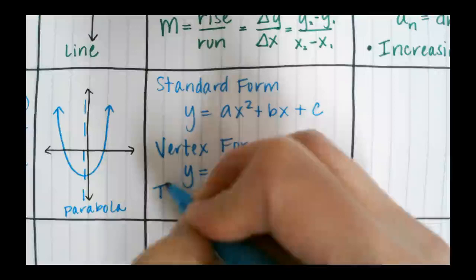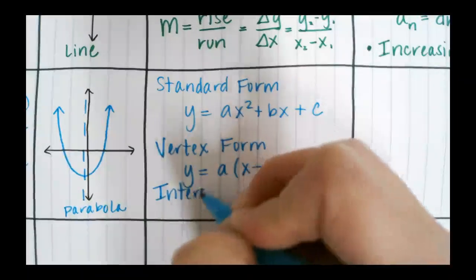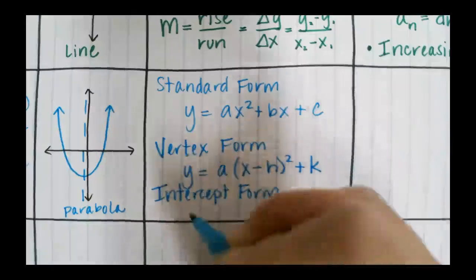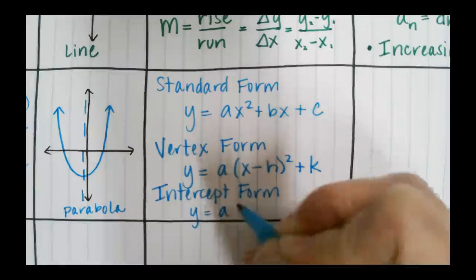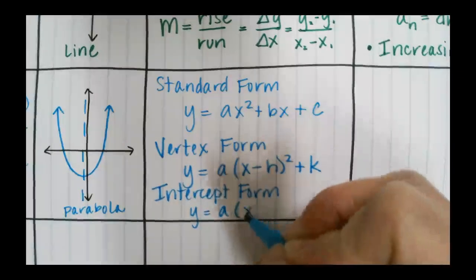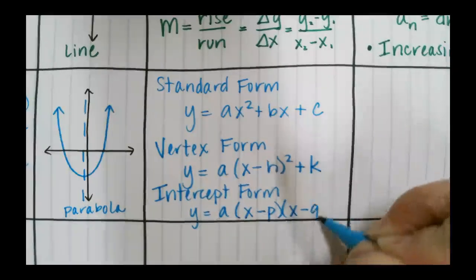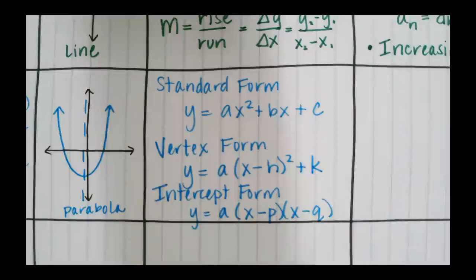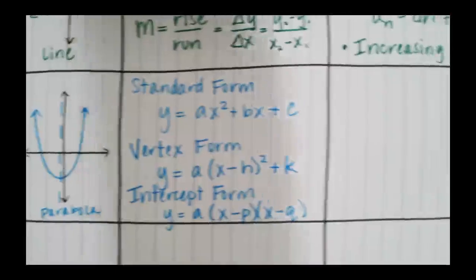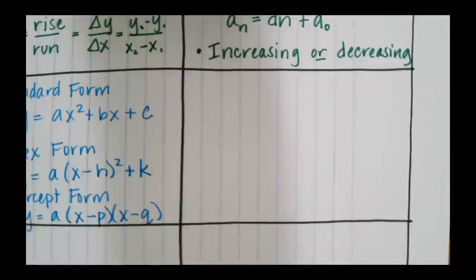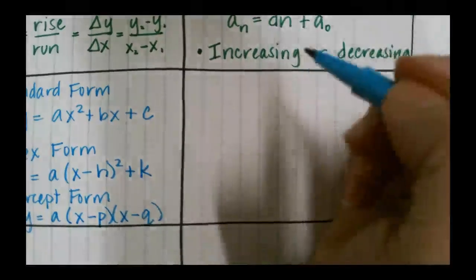But then there's also intercept form, and that one is also known as factored form. I'm going to use p and q again, which I did in the unit also. All right, moving on. And again, if you need to pause the video to fill in what I've written.